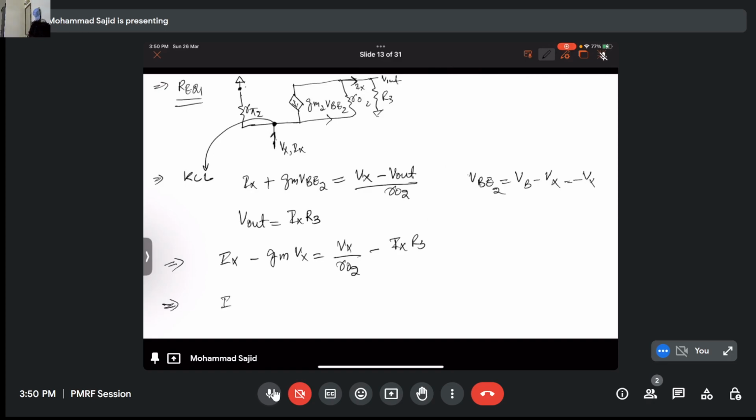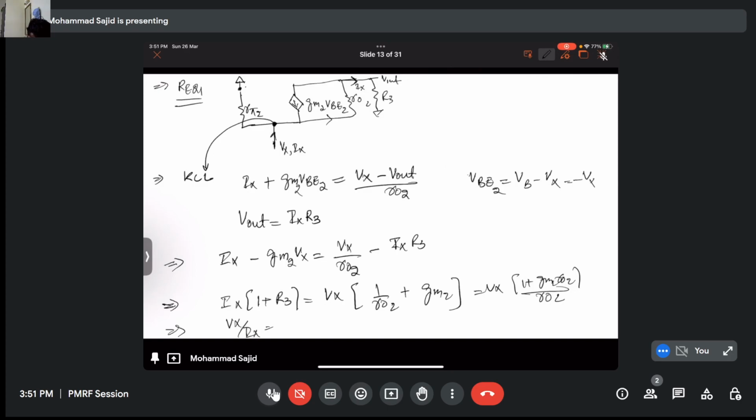So let's just calculate it. Ix times 1 plus R3, and Vx will be 1 by RO2 plus GM2. So Vx by Ix will be RO2 times 1 plus R3 divided by 1 plus GM2 RO2.